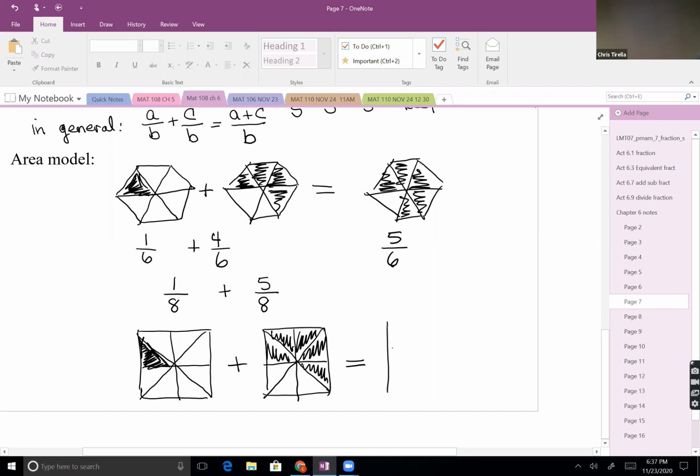And when I think of arranging them all together, I have the 5 and add one more in there. That would give me 6/8. And then if I wanted to put it into simplest form, that would be 3/4.